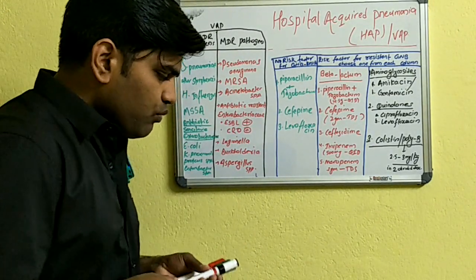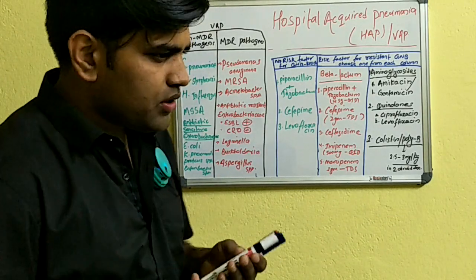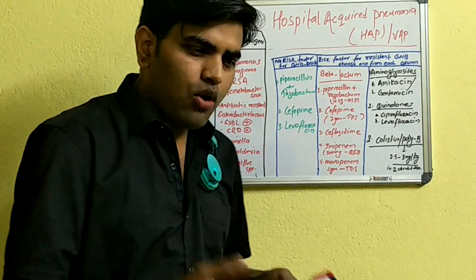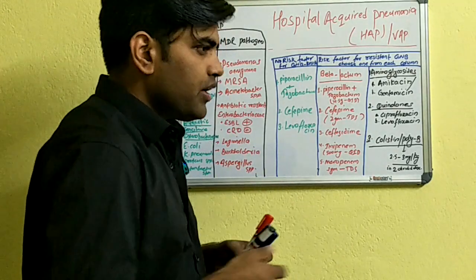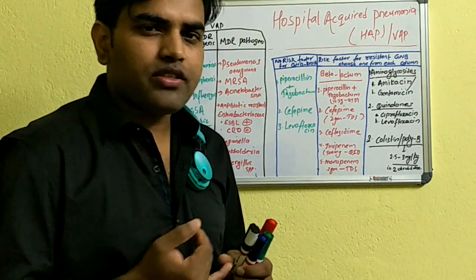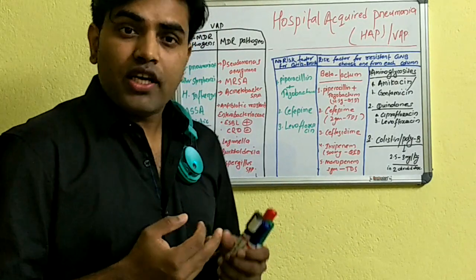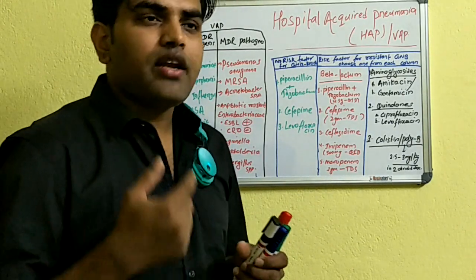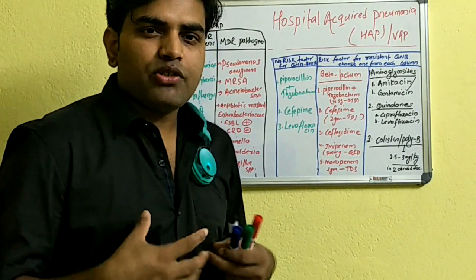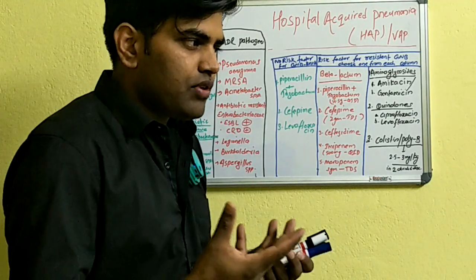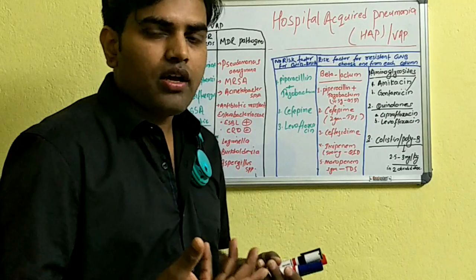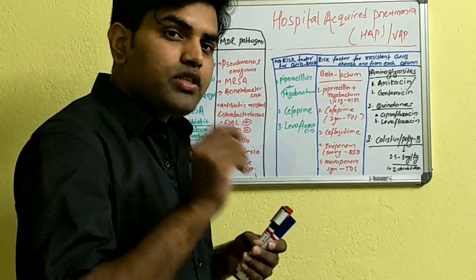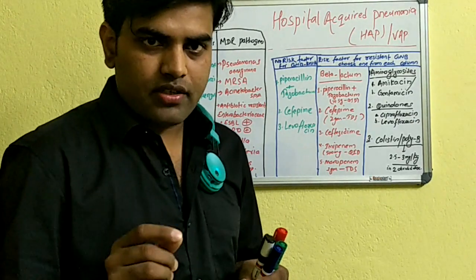Okay. Then whenever a person is ventilated, how do we know that he developed pneumonia? What are the clinical features? That is important. The clinical features are: number one, fever, leukocytosis, increased respiratory secretion. Then on physical examination, any finding of consolidation, pneumonia, or a new or changing radiological infiltrate.